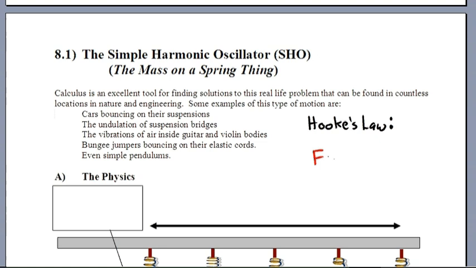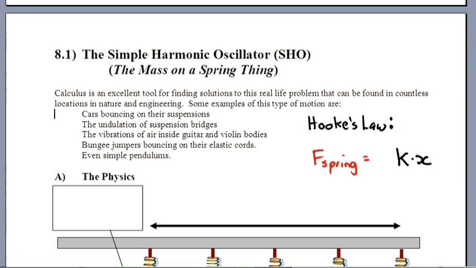He said that the force from a spring or an elastic when you stretch it can be modeled by a really simple equation. It's equal to the spring constant, which talks about how stiff it is, multiplied by the extension, how much you deform the spring, how much you make it longer, or, as we're going to see in this chapter, how much you compress it, how much you make it shorter.